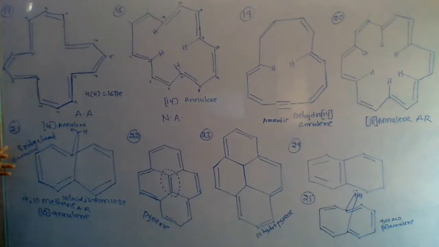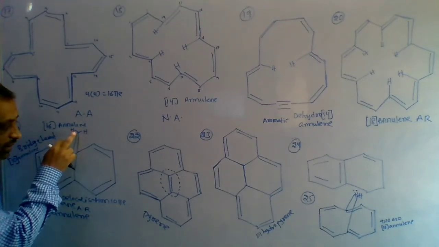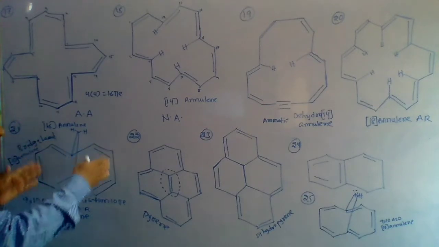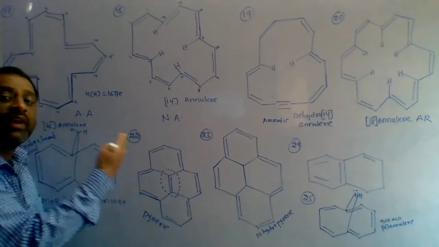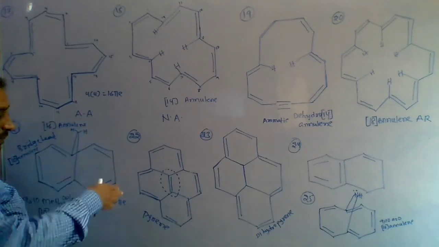And next example is bridged 10 annulene, 1,6-methano[10]annulene. Here the CH2 group is present above the plane. The remaining 10 carbon atoms are arranged in one plane.